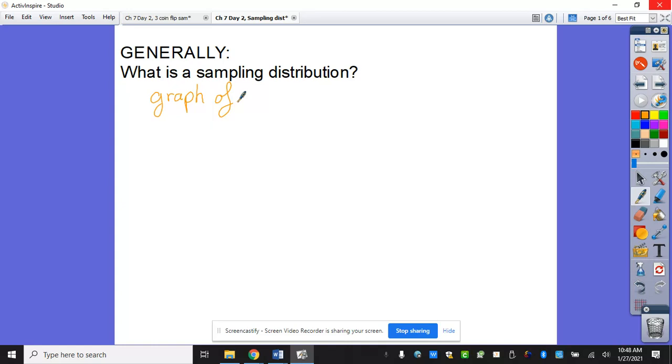So a sampling distribution is a graph of all outcomes from which samples, if I were making the true sampling distribution, from all possible samples of, I'm going to say, that scenario.